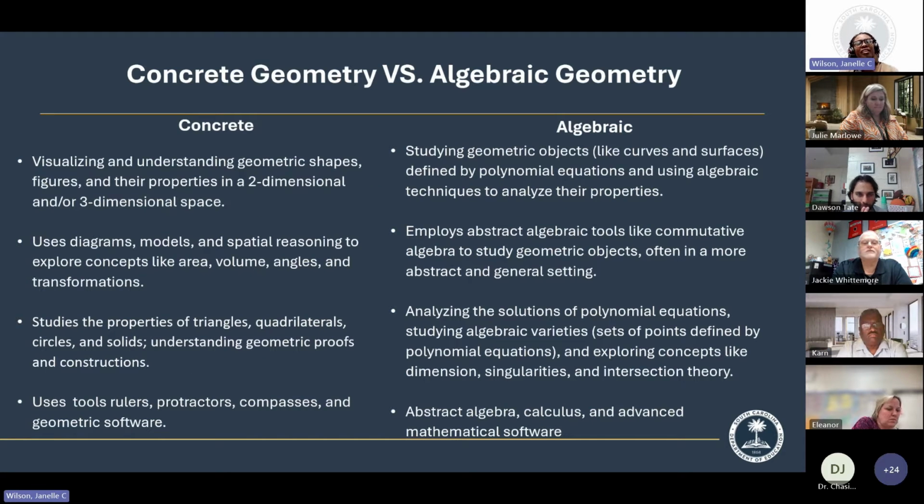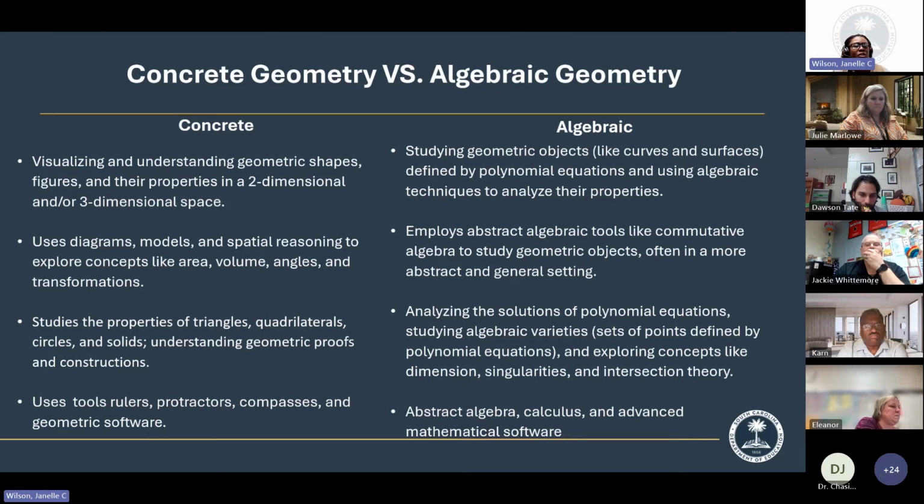Okay, so concrete versus algebraic geometry. I'm going to give you this first column. Concrete geometry is visualizing and understanding geometric shapes, figures, and their properties in a two-dimensional and a three-dimensional space.